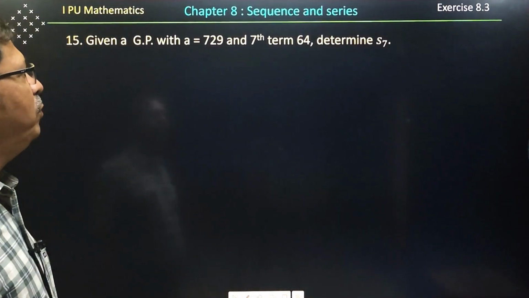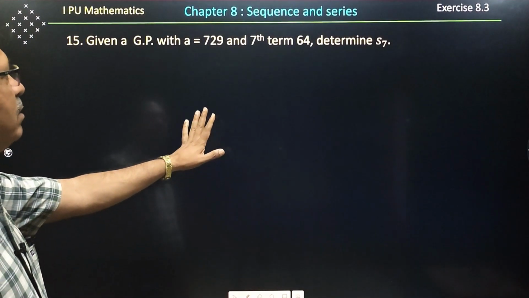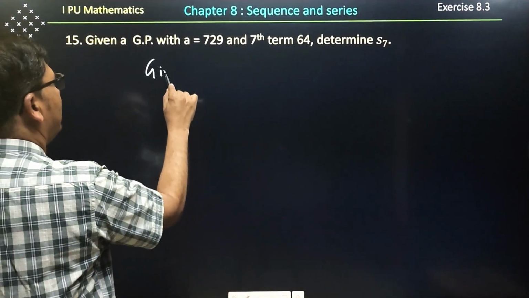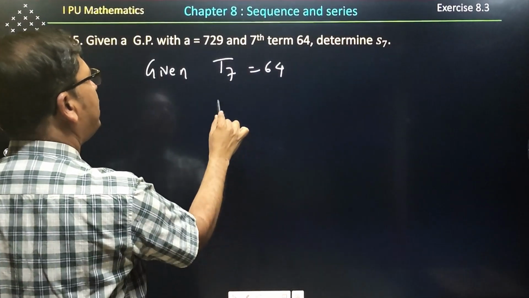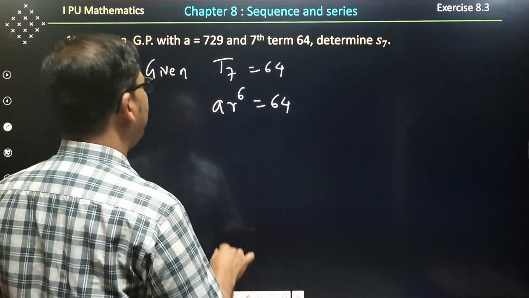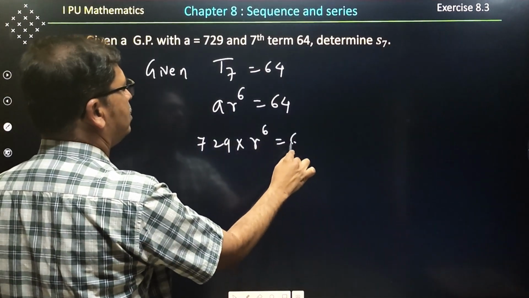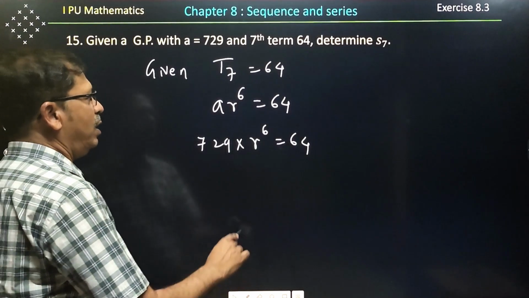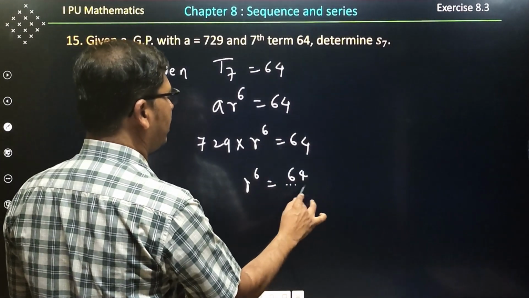It is given that T7, the seventh term, is 64. It means AR to the power 6 is equal to 64. The value of A is 729, put it here. R raised to 6 is equal to 64 divided by 729.